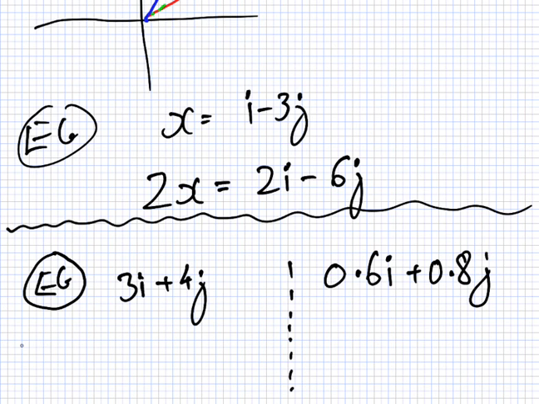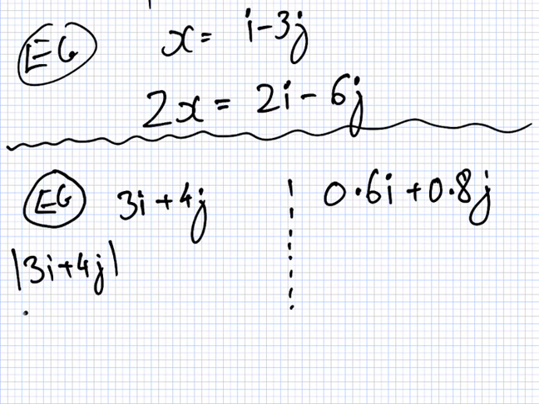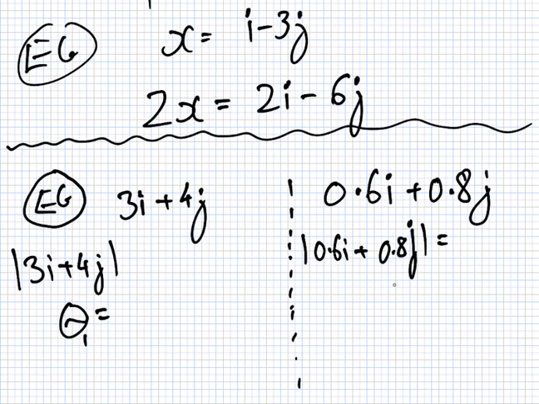So here, I want the magnitude. Oh, and by the way, we can use a symbol to mean direction, but I'll just write theta. Direction, theta 1. And then here, I would like the magnitude and the direction, theta 2. Okay, so you need your calculator.